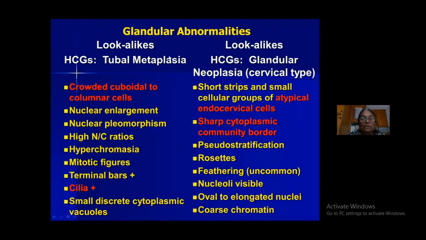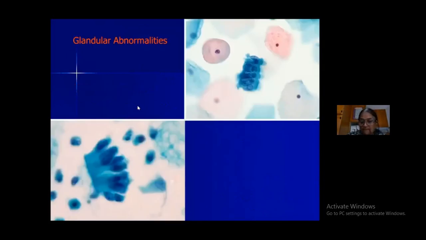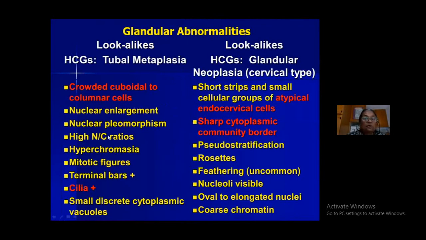A few glandular abnormality lookalikes. Tubal metaplasia versus glandular neoplasia. In tubal metaplasia, crowded cuboidal columnar cells with cilia may or may not be present. The important thing in endocervical adenocarcinoma is that small strips can have a sharp cytoplasmic community border. That's important.